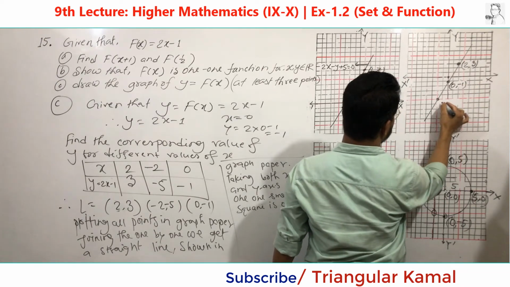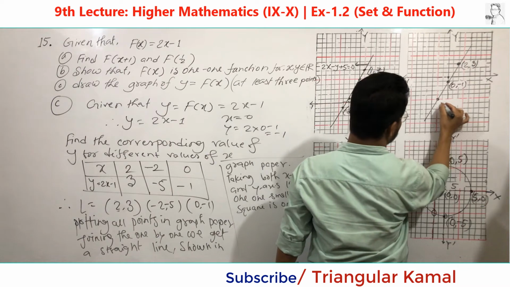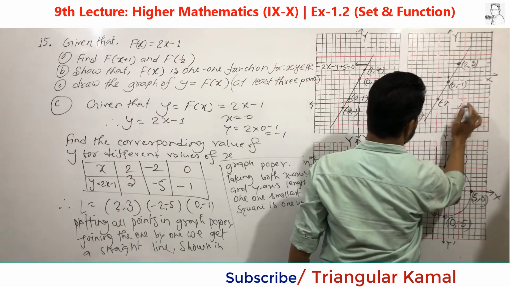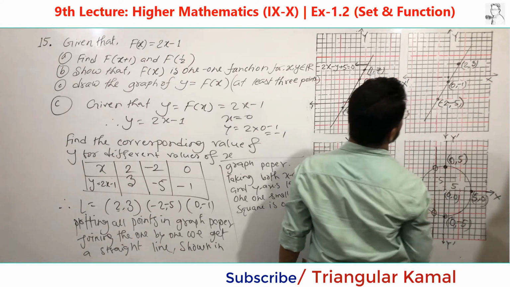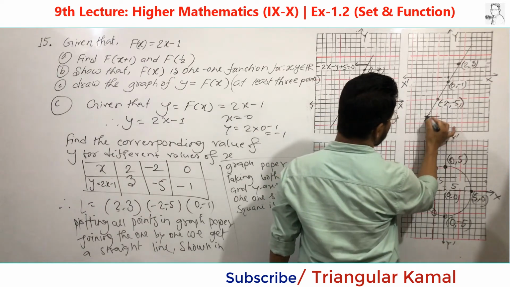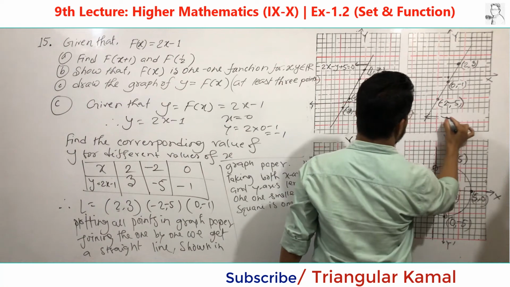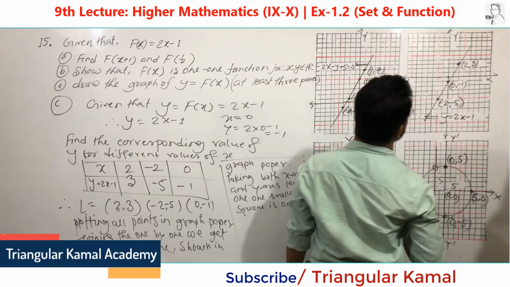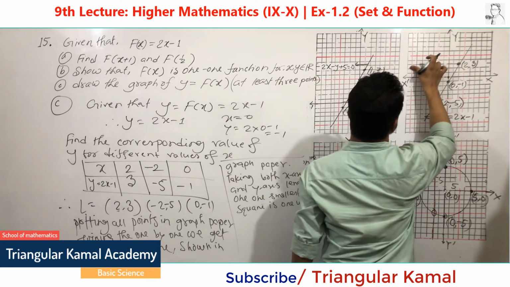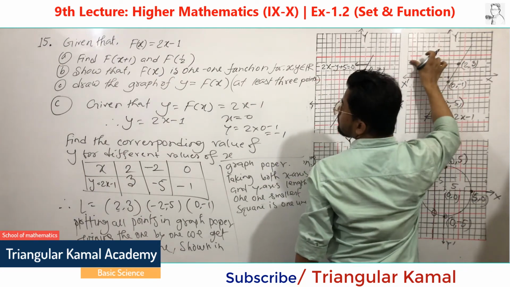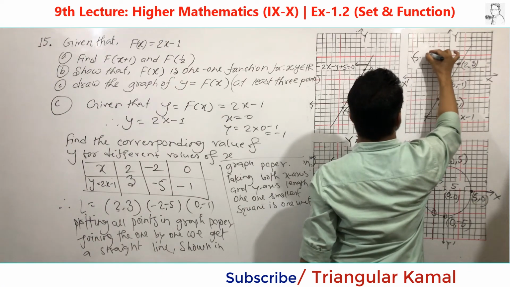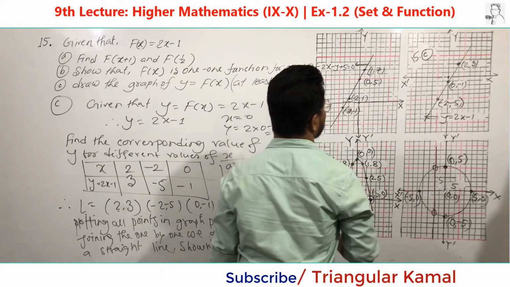This point indicates minus 2, minus 5. And this line indicates y equals twice x minus 1. In the corner you can write the graph question number 15 and C.